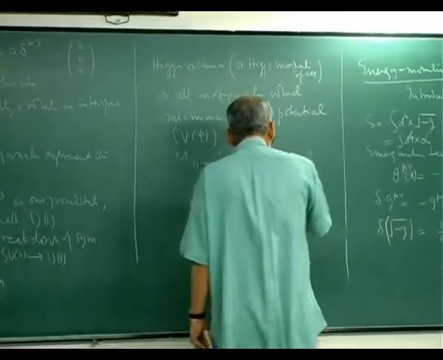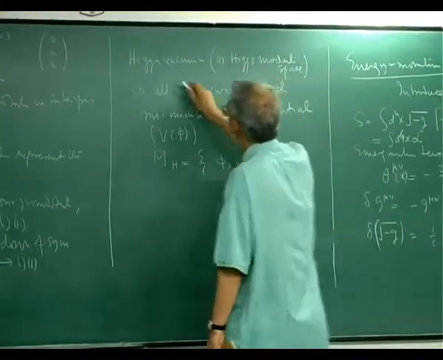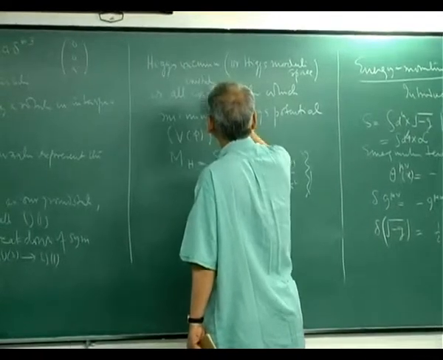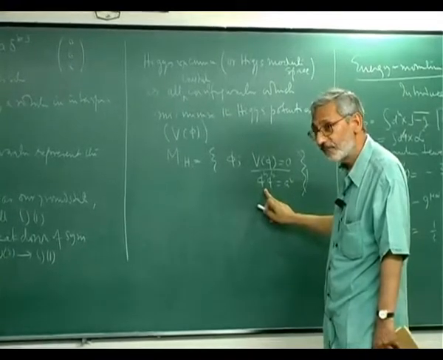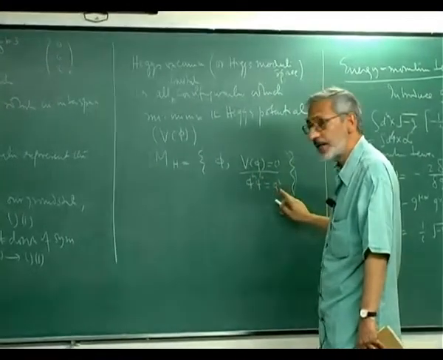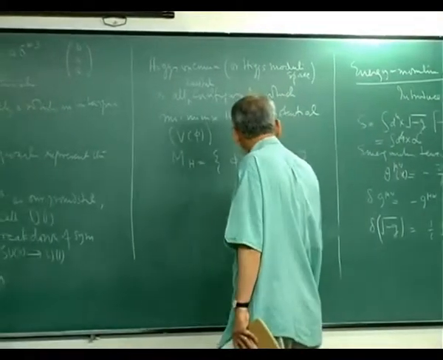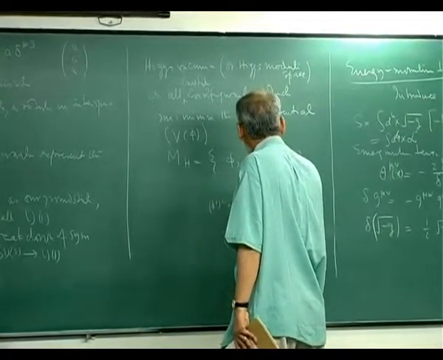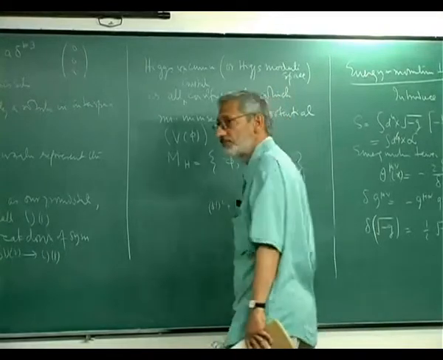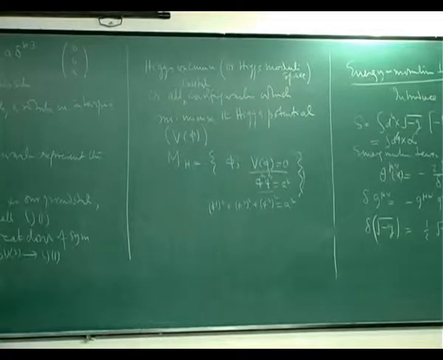In particular, we can take phi's to be constant. So I mean all constant configurations, let me say. And if phi is a constant, and |phi|^2 is a^2, which means phi_1^2 plus phi_2^2 plus phi_3^2 is a^2. This represents an equation for something we are very familiar with.